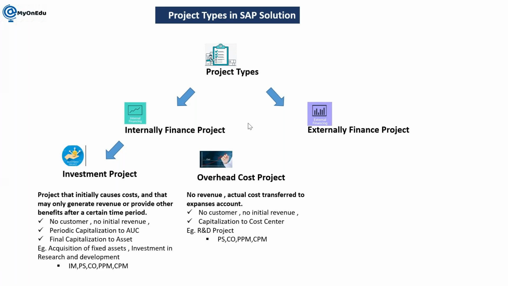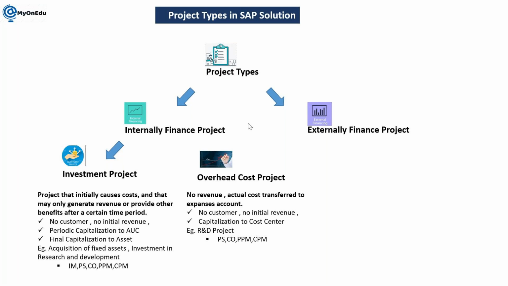For example, the organization wants to increase its production, so it needs to construct a new plant. This is the initial investment, and it has to be financed internally. The organization has to spend the amount.